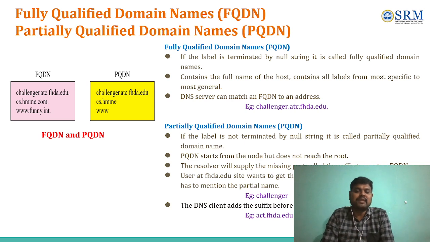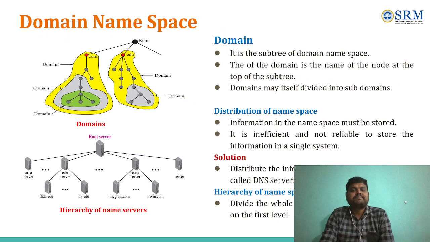The DNS client will try to find the suffix before parsing the address. For example, if you type GOO, the DNS server will try to identify that you intended to type google.com. But it is not correct at all times.